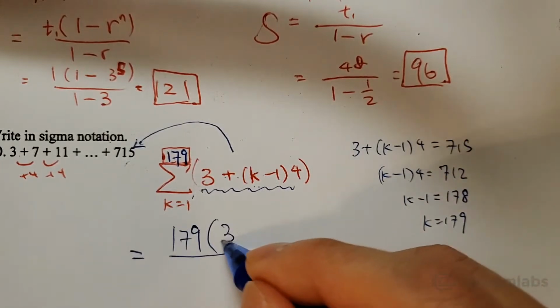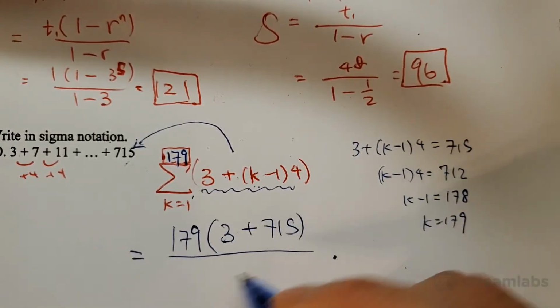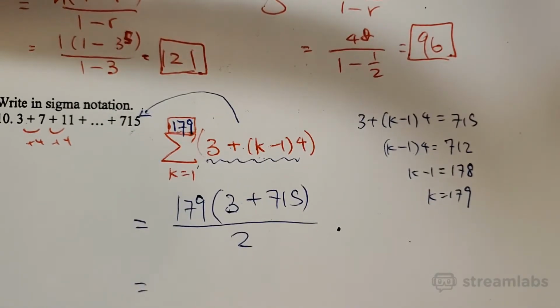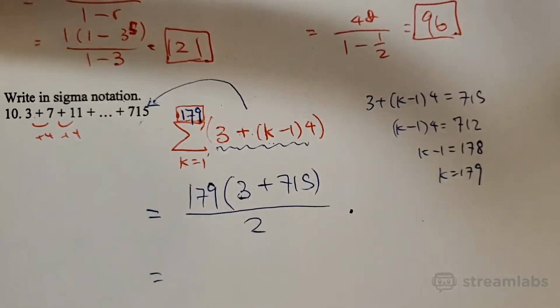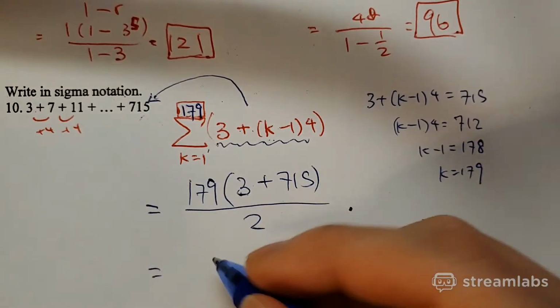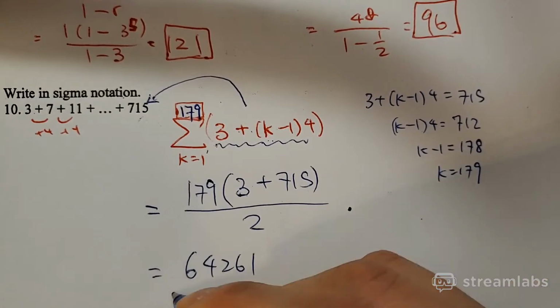First plus last, so 3 plus 715 over 2, which will be... they didn't even ask for the answer, but we'll calculate it anyway since we like to. 718 divided by 2 times 179. 64261. Okay.